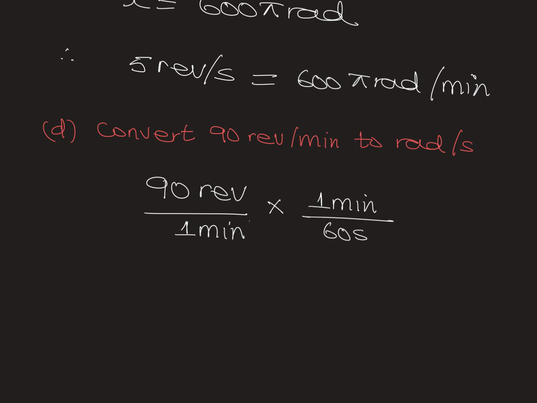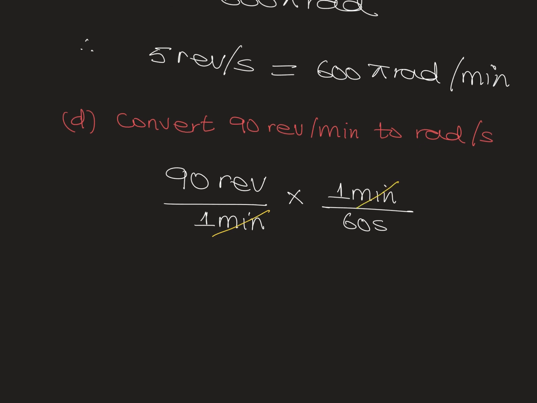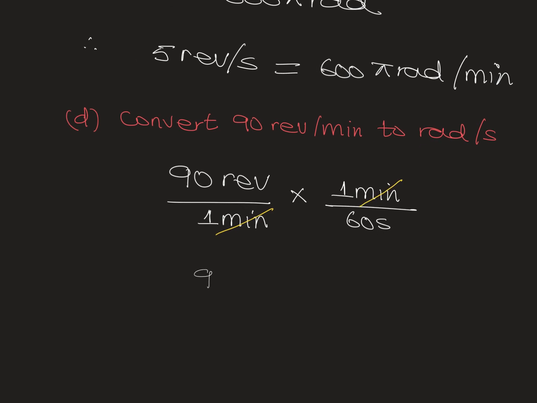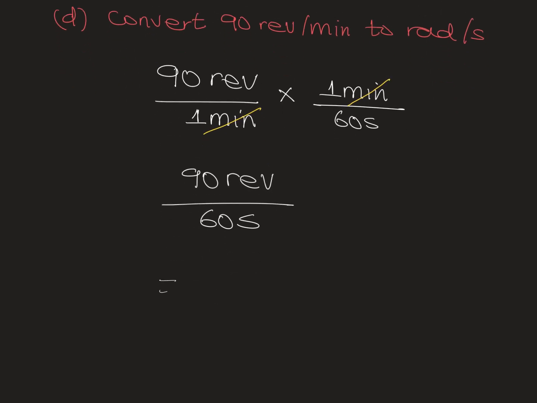So with this, minute can cancel minute. So we will have 90 revolutions divided by 60 seconds. And if we simplify that, 90 divided by 60 is 1.5. So that will be 1.5 revolutions per second.